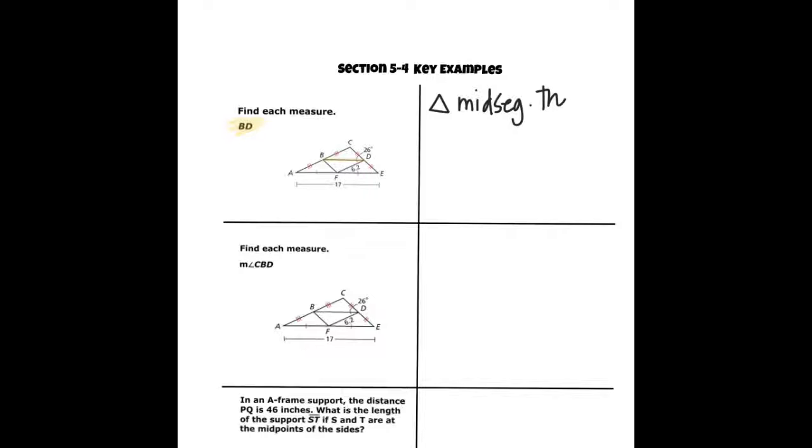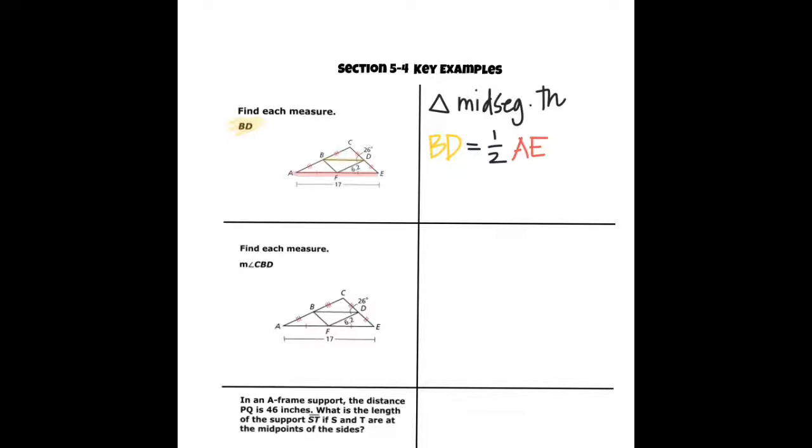So I am going to take that yellow side, BD, and I'm going to highlight in red down here that BD is 1/2 of segment AE.